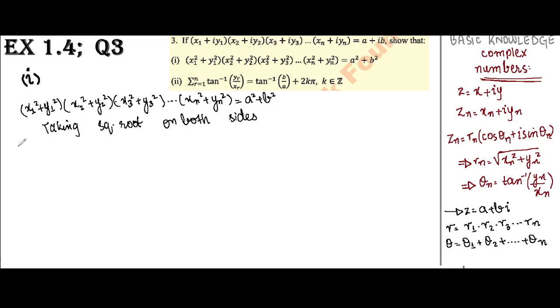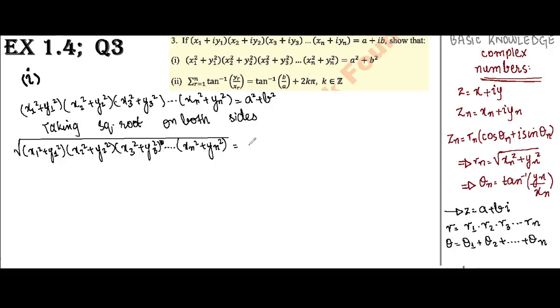First of all, square root, and then what's inside it? x1 square plus y1 square into x2 square plus y2 square into x3 square plus y3 square, and then up till xn square plus yn square equals to square root of a square plus b square.